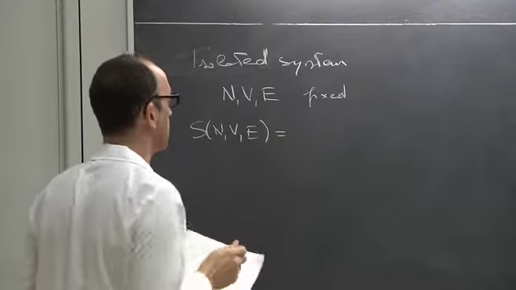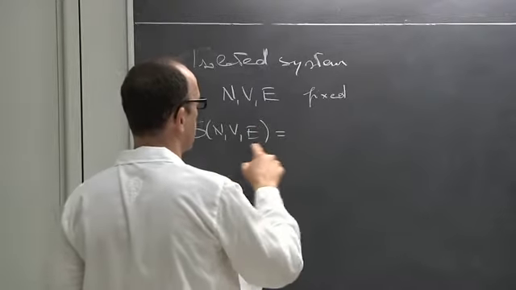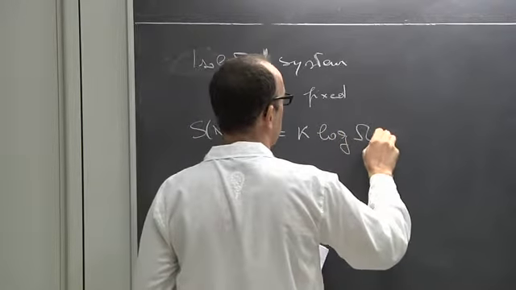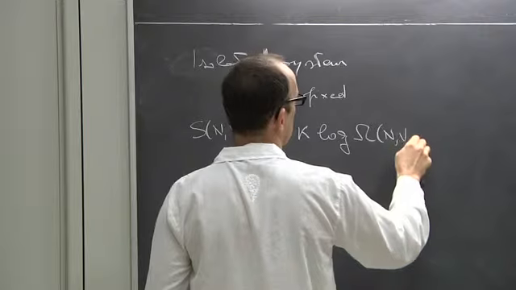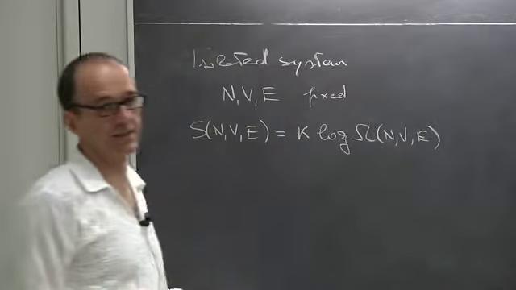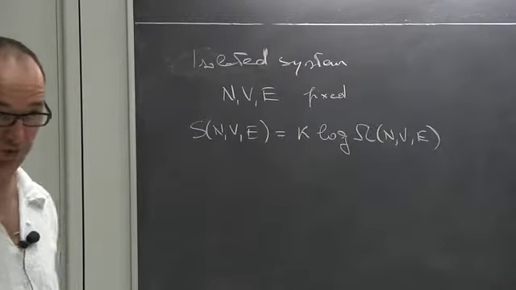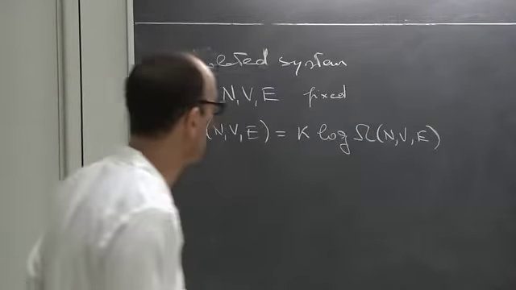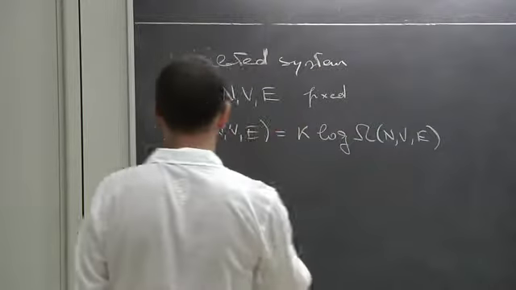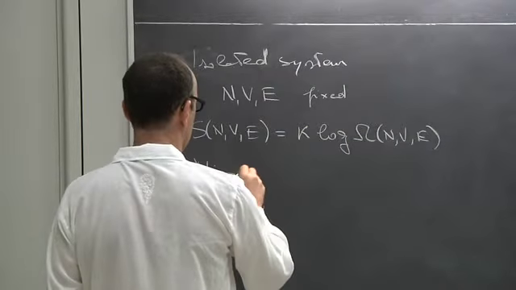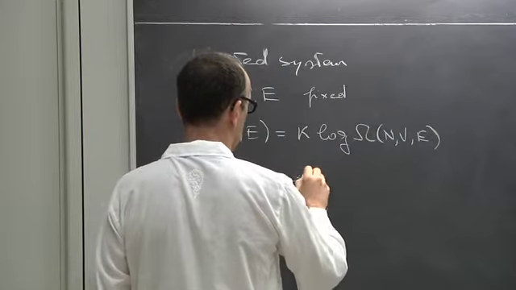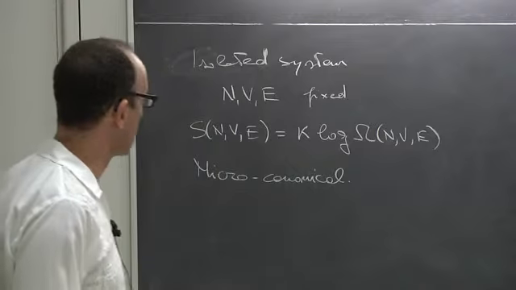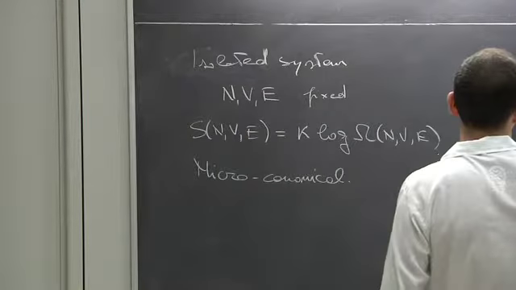And we have seen that we compute the entropy by computing the number of microstates which are consistent with the macroscopic state specified by these variables. Okay. Now, and this is called the microcanonical ensemble.